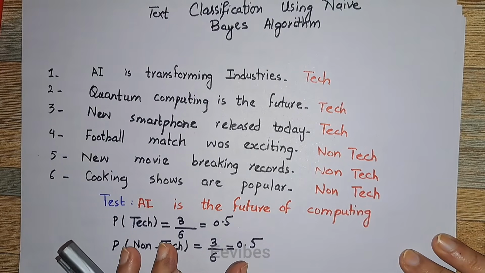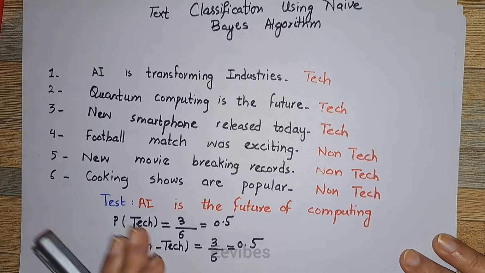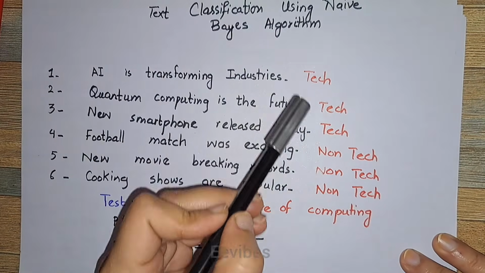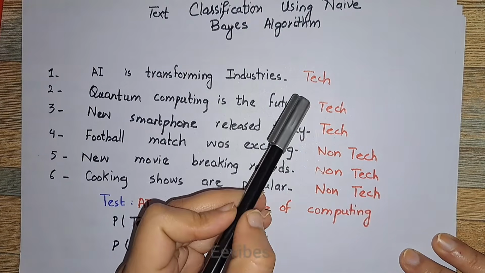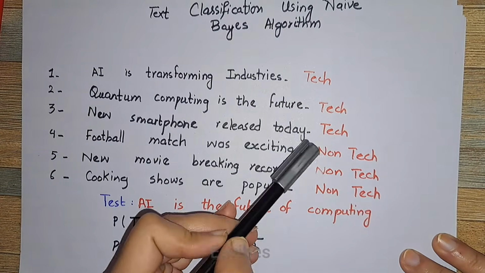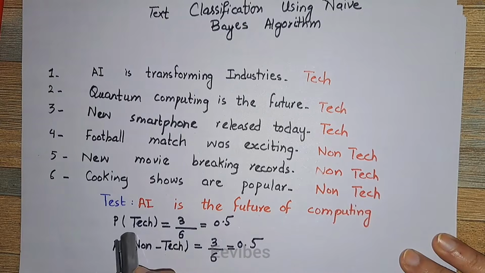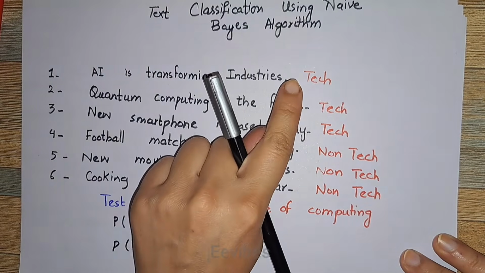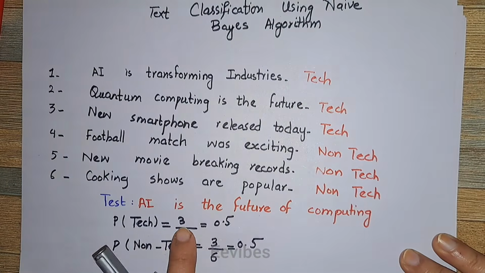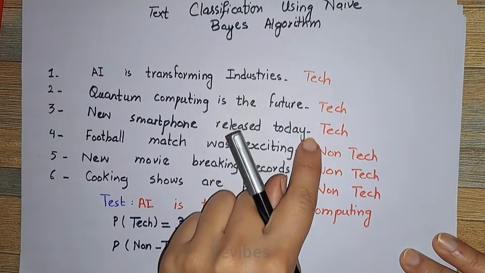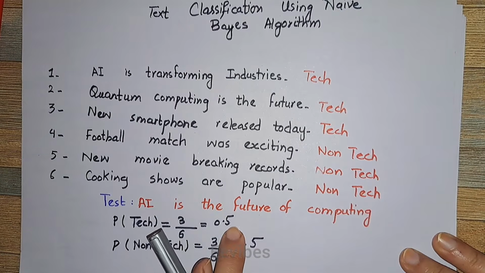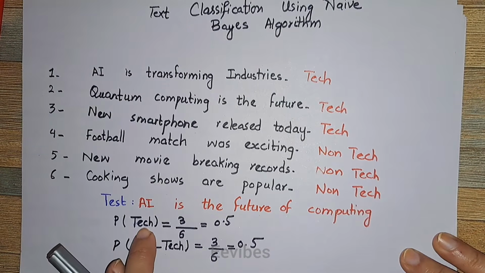The first step is to calculate the prior probabilities, which is actually determining the probabilities of both classes. Since we have 2 classes, tech and non-tech, the probability of the class tech is equal to the number of sentences belonging to the class tech, which is 3 in this case, divided by the total number of sentences, which is 6, which gives us 0.5 probability of the class tech.